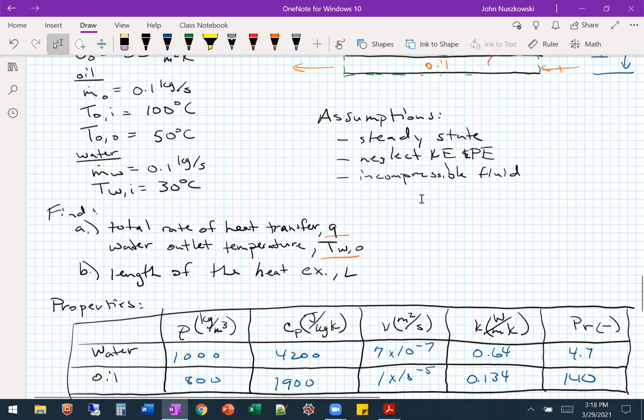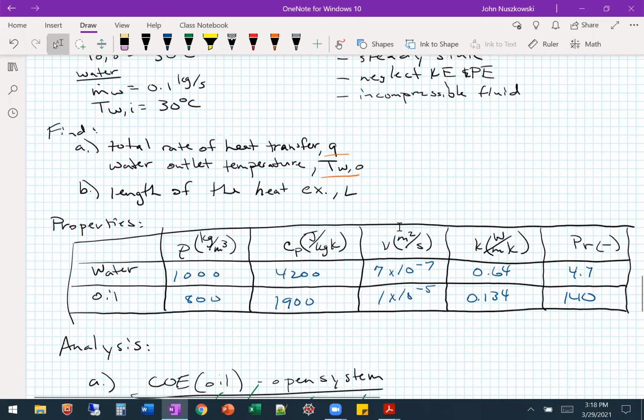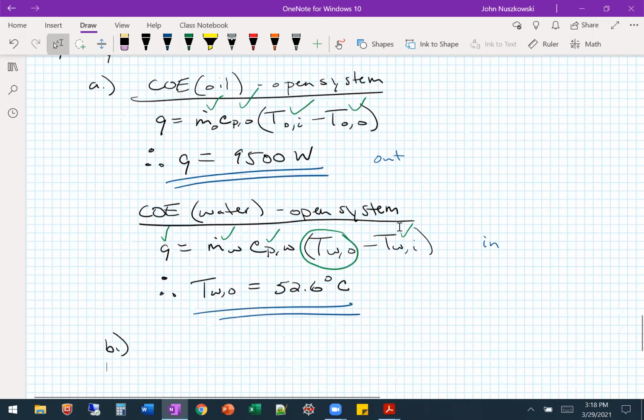And now part B asks you for the length of the heat exchanger. So now we're getting into the size of the heat exchanger, which is not a thermal problem, right? We didn't do anything with sizing components like that. All right, so now we need to figure out the size of the heat exchanger. So where can we begin with that?